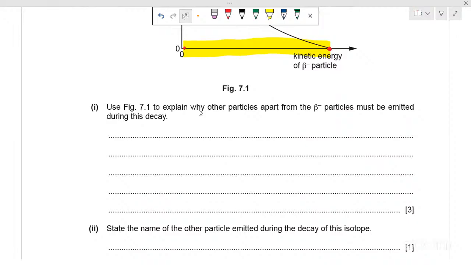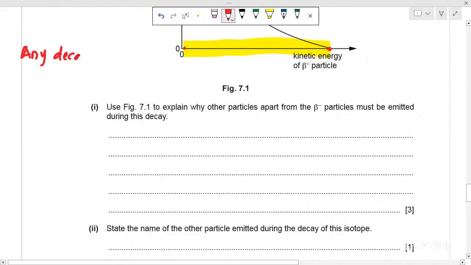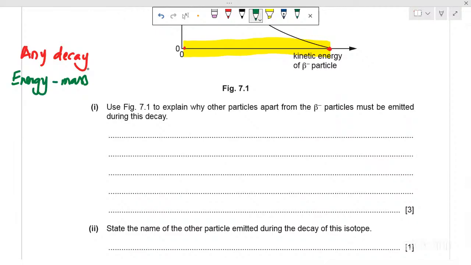You know that the energy of any decay is fixed. In any decay, what quantities are conserved? In any decay, mass-energy is conserved. In other words, mass can be converted to energy. If the mass of the products is smaller than the mass of the reactants, then the difference of mass is converted to energy by the famous Einstein equation E equal to mc squared.